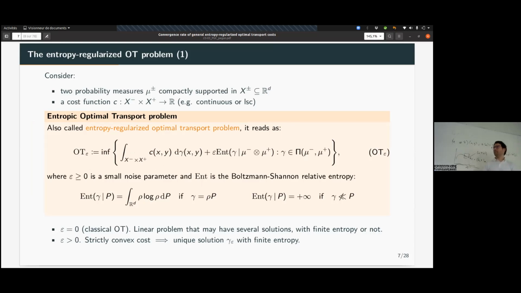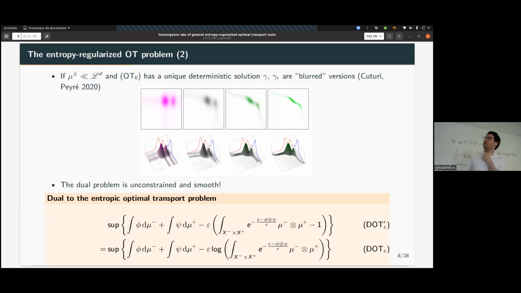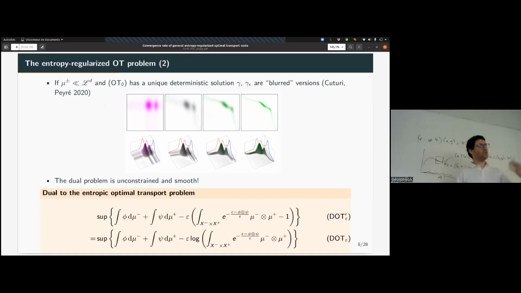Okay, so this is the entropy-regularized problem. And for example, what does it do when you consider absolutely continuous marginals? In the quadratic case, when you have a unique solution which is concentrated on the graph of a map, the gamma epsilon are some kind of blurred version of it.